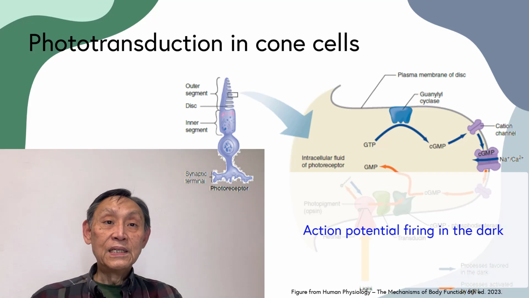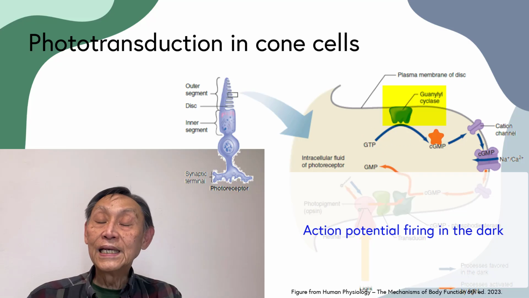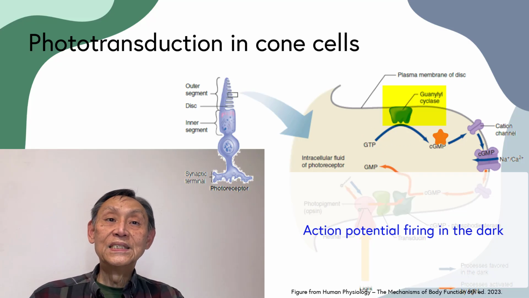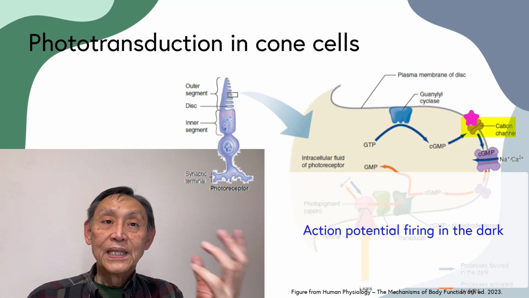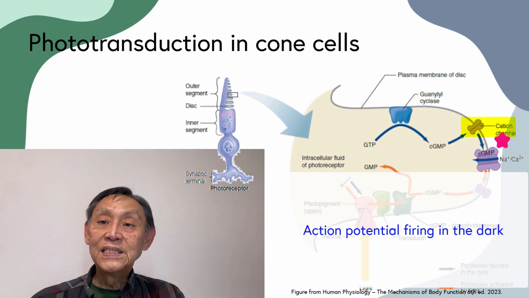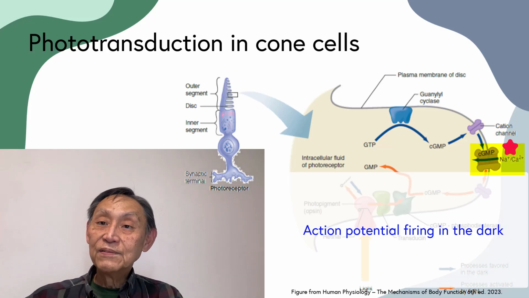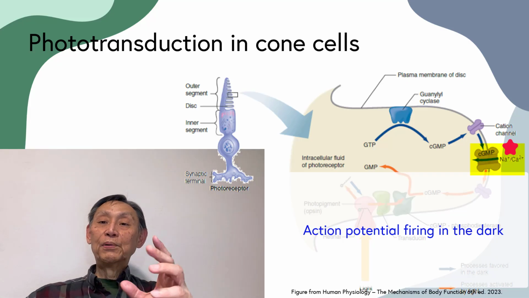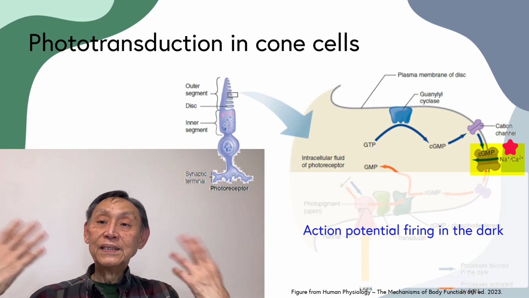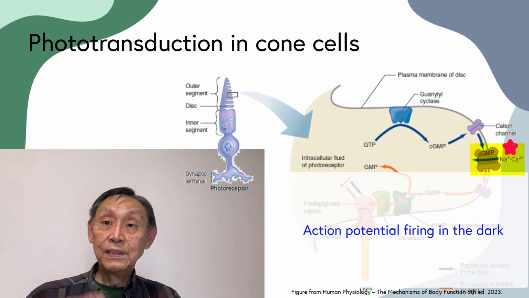That's because during darkness, guanylate cyclase converts GTP into cyclic GMP. Cyclic GMP stimulates the cation channel, letting sodium and calcium flux in. If you remember, when sodium gets in, the membrane gets depolarized. So there will be action potentials.